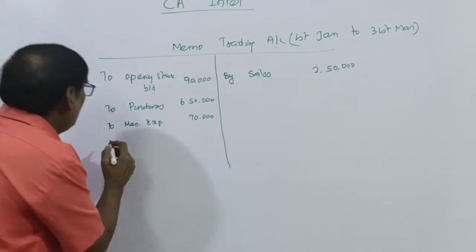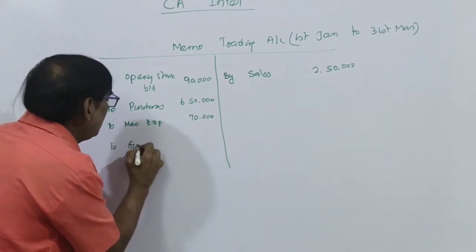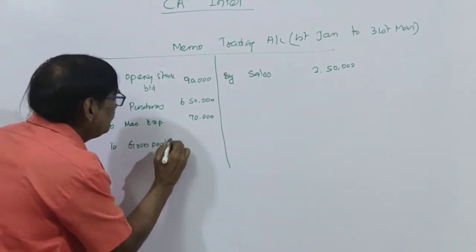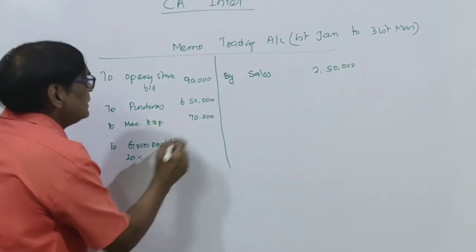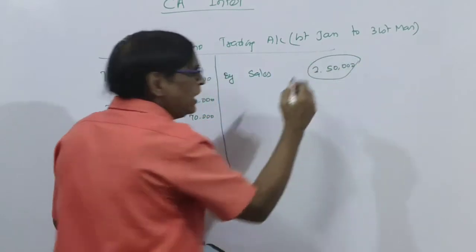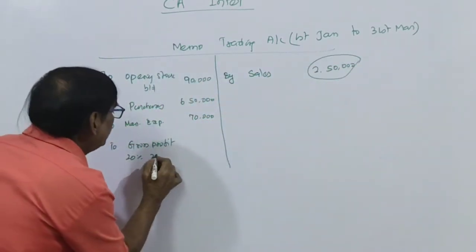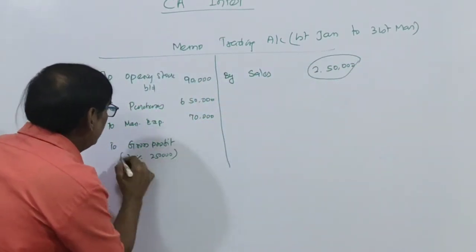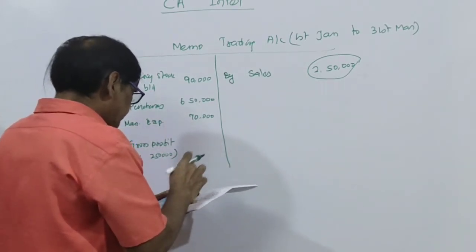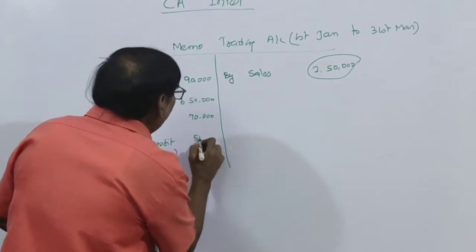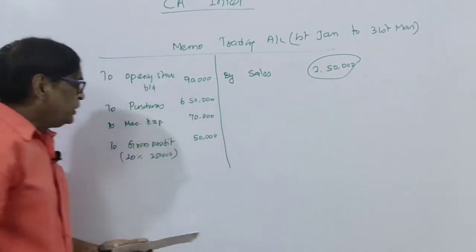Gross profit equals 20% on sales of 2,50,000 rupees, which comes to 50,000 rupees.